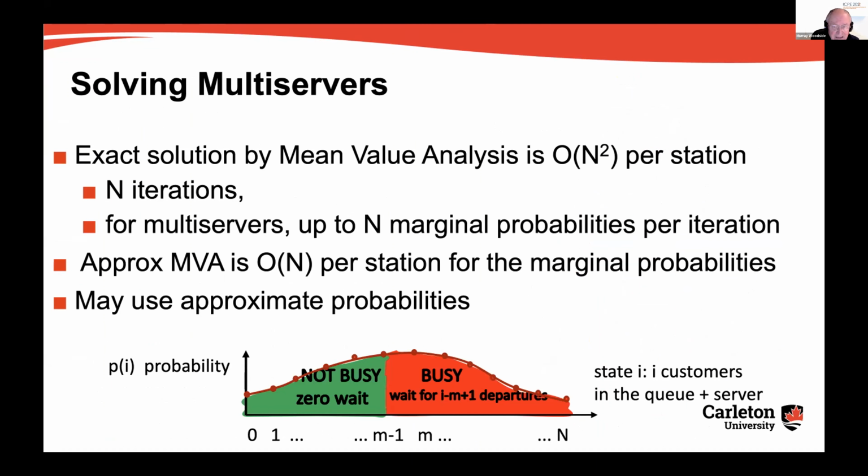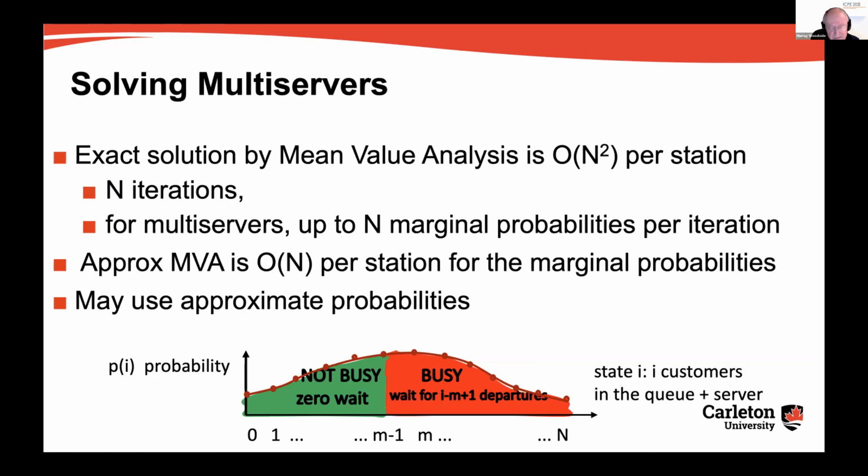So solving the multi-servers is a problem because there's a scalability problem. If you use mean value analysis, you can do an exact solution for a state-dependent rate service, but it requires storing the marginal probabilities at the queues. So it's of the order of n squared, where n is the number of customers.